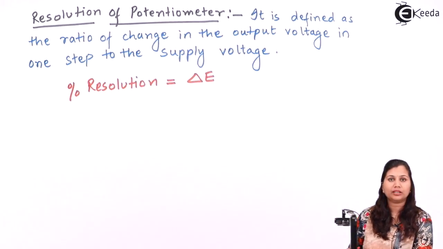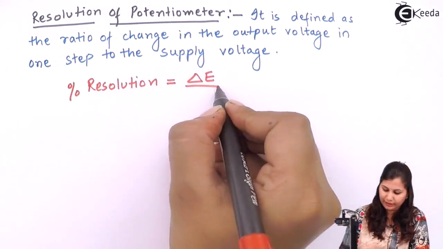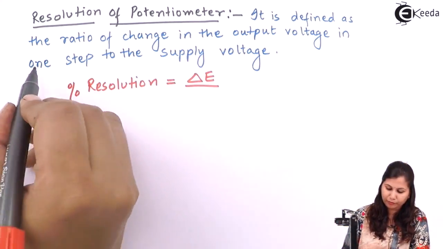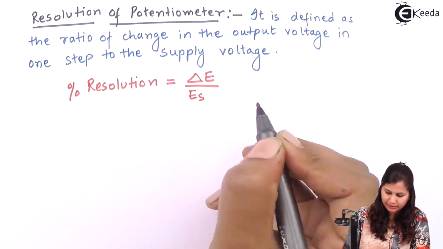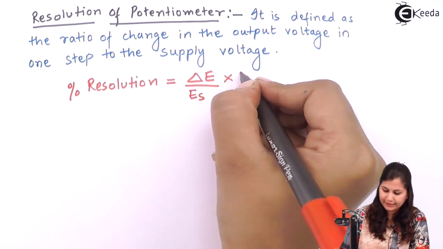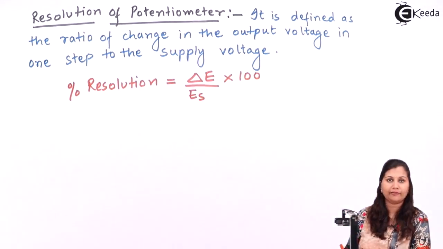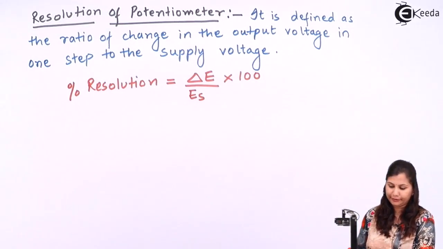the ratio of the change in the output voltage in one step, which is del E, to Es, and as it is in percentage, we multiply it by 100.